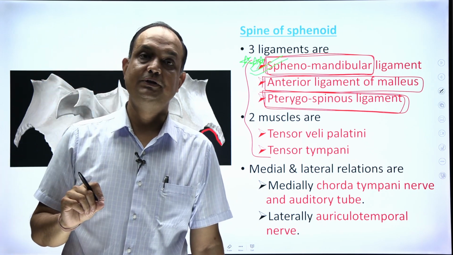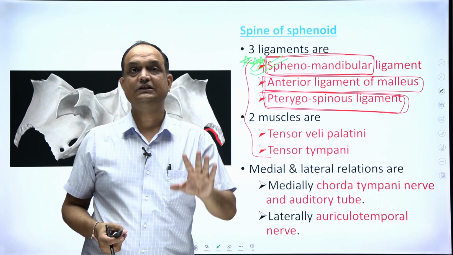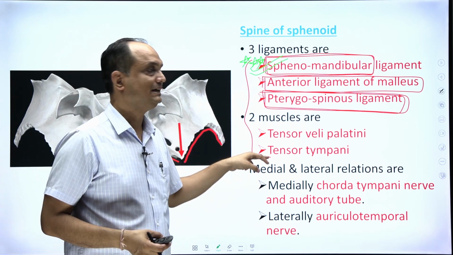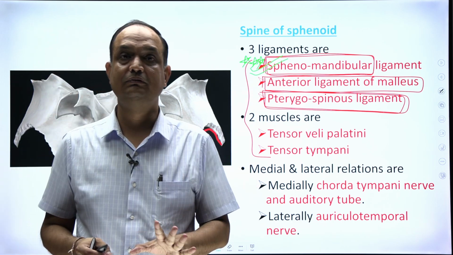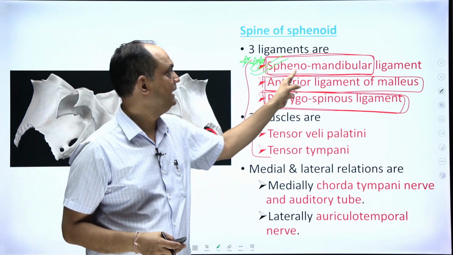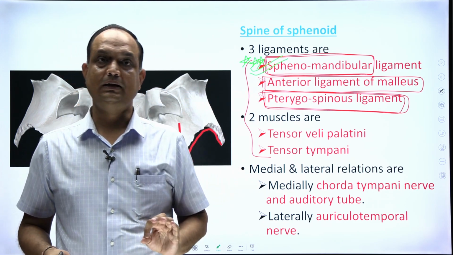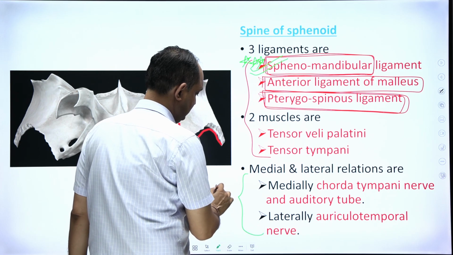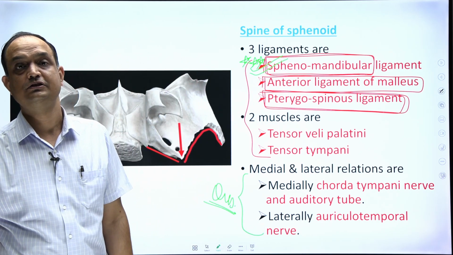The remaining are attached on the spine, but some books say they are not exactly on the spine but adjacent to it, anterior, posterior or by the side of the spine. But the sphenomandibular ligament starts exactly from the spine. Clear?